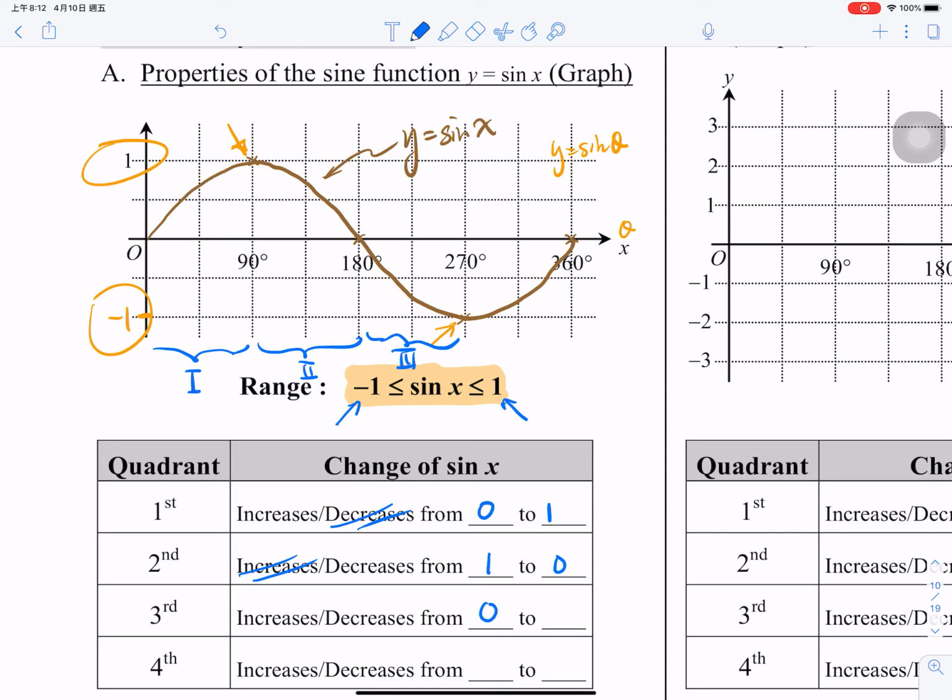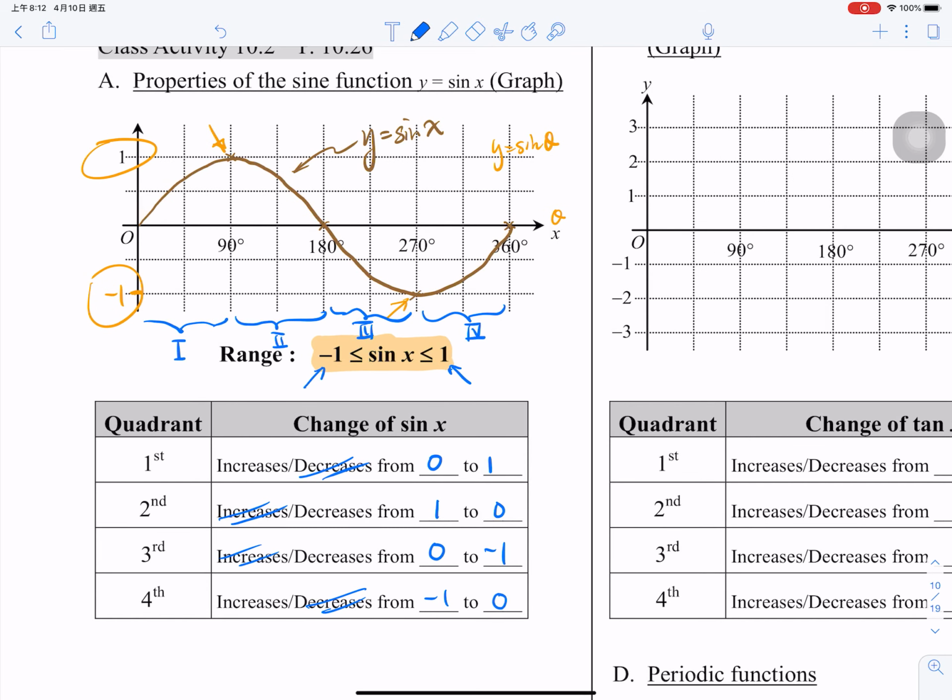You see, goes down from 0 down to -1. How about quadrant 4? Increases again from -1 up to 0. Okay? So this one, not difficult.